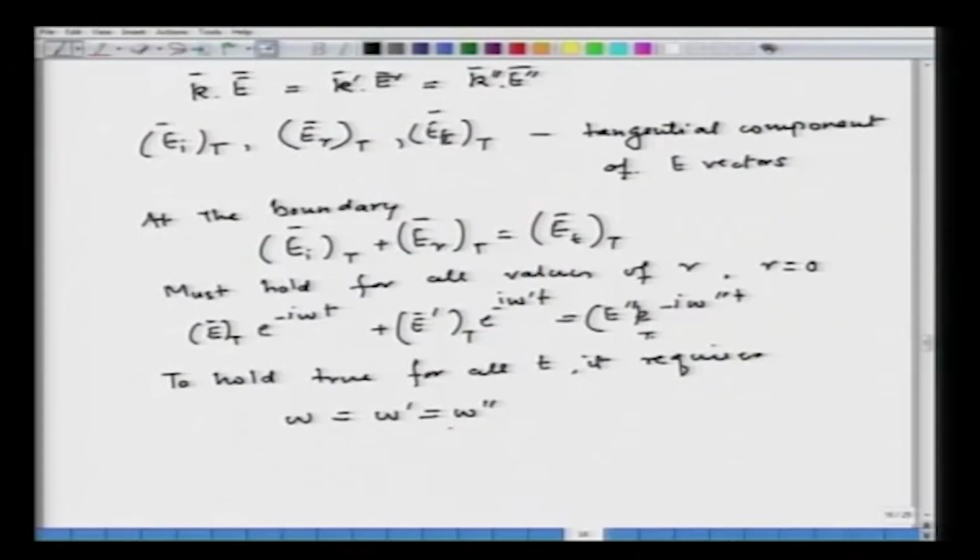And hence, although we did not assume in the beginning that the frequency is going to remain unchanged, it turns out that upon reflection from a sharp interface, the frequency of the reflected and refracted light is going to be the same.